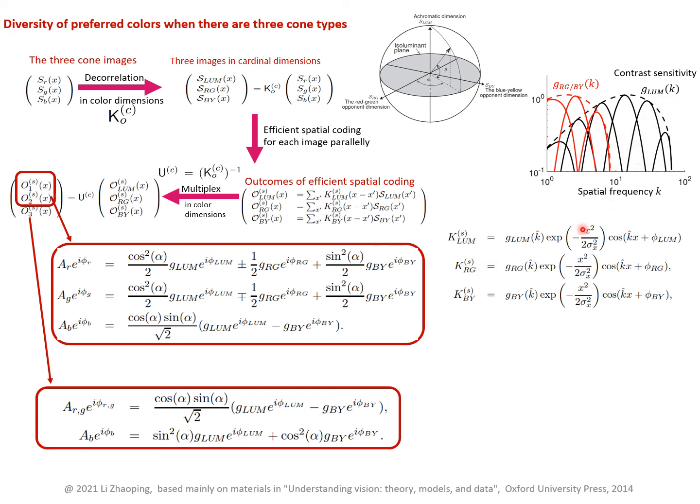So, for example, if a neuron prefers a red color, when you mix in more or less luminance component, the preferred color can become pinkish or brownish accordingly. If V1 also has this multiplexing transform that is not the inverse of this original decorrelation matrix, then you can imagine there could be many other possibilities.